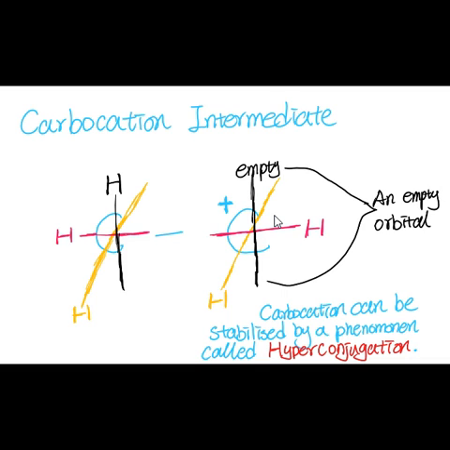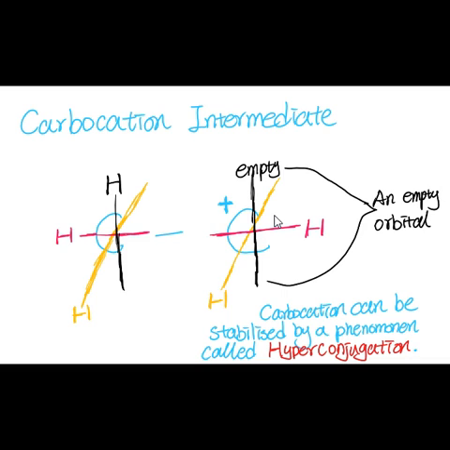It just means an overcrowded electron donating some of its negativity to its neighbor carbocation. That's what it means, right?